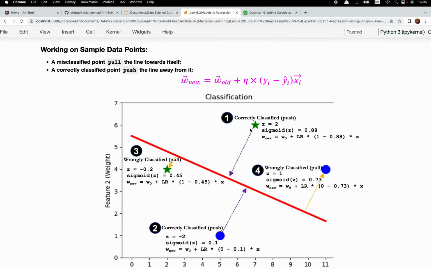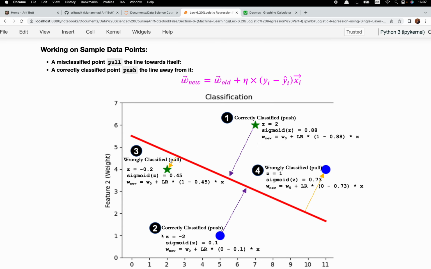Consider this point 1. Suppose it has a z value of 2, and when this z value is passed to the sigmoid function, we get a prediction or y hat of 0.88. Now this y minus y hat becomes a positive 0.12. So this correctly classified point will push the line away, that is downwards.